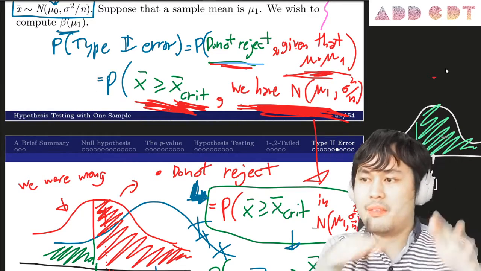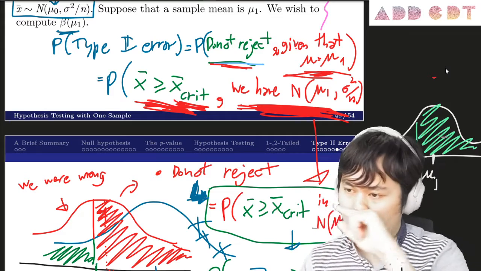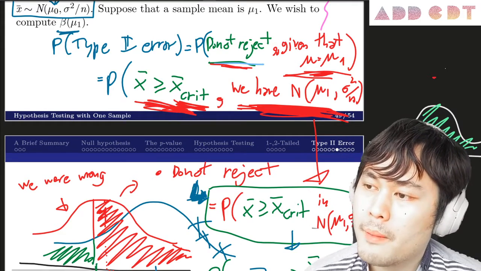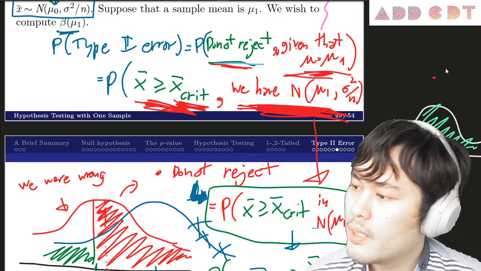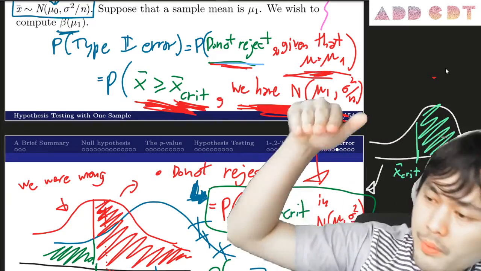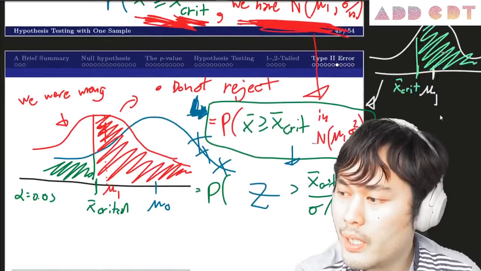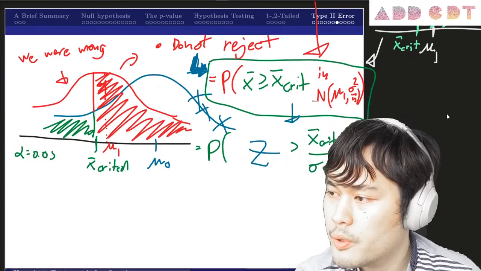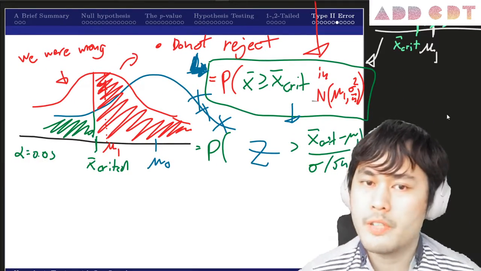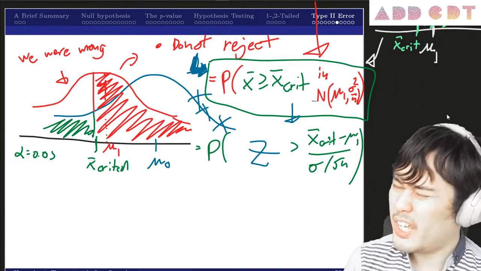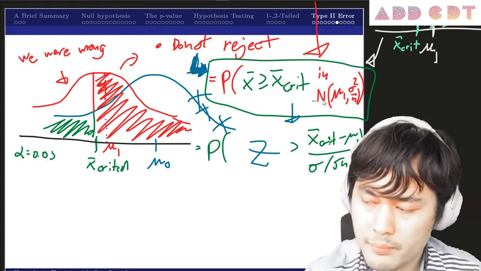That involves 3 or 4 steps. Once we have that final image, we go back to the old school of computing the p-value, sorry, the area, the probability of something happening.